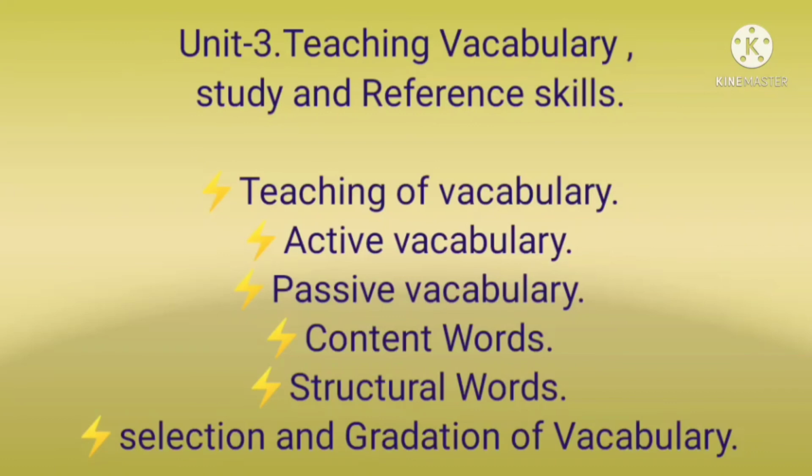Okay. So while selecting the vocabulary, some points are necessary to keep in mind and follow. The words have to be selected according to the communicative needs of the learner. The words that occur more frequently in communication have to be taught first. The words have to be selected according to the range or scope of the word, and according to their productivity.